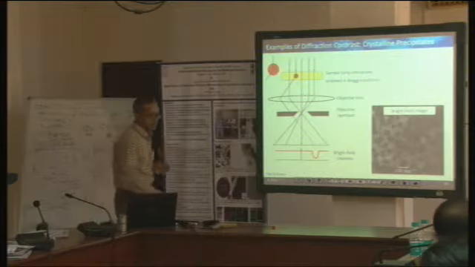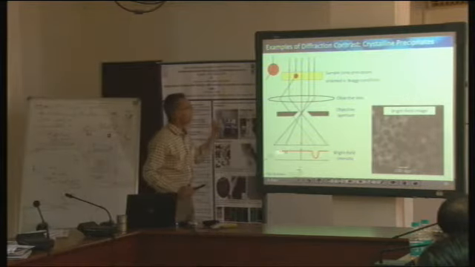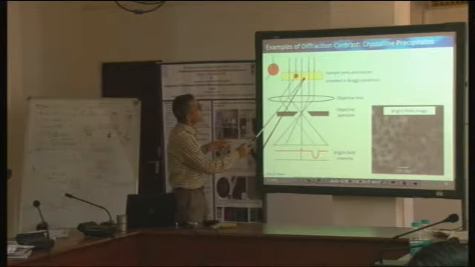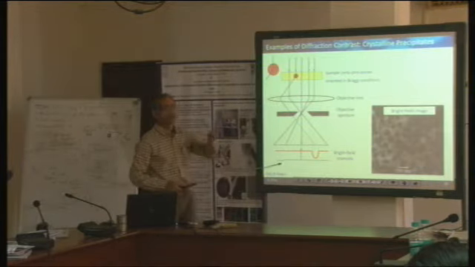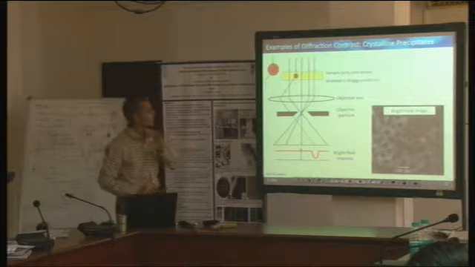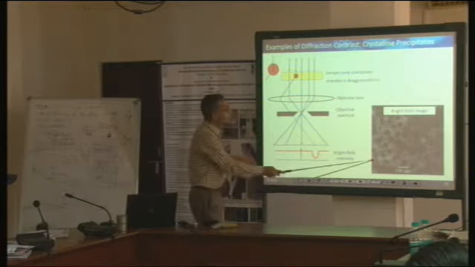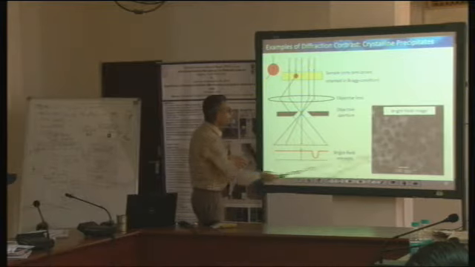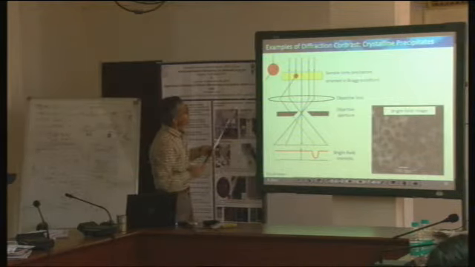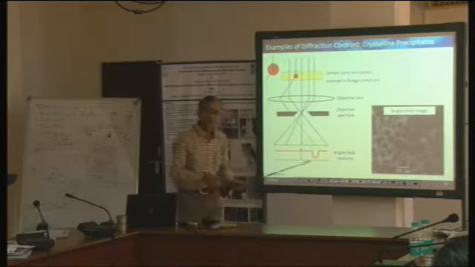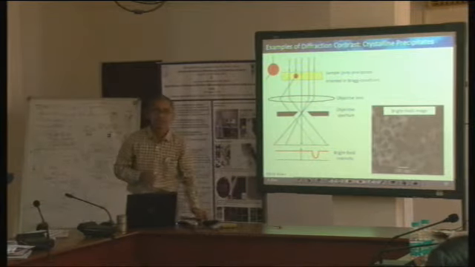So this is a routine example, let's say, where this is the matrix and these are some precipitates. This is a practical example of it. This is a bright field image of a sample wherein only the precipitates were oriented in the Bragg diffraction condition.